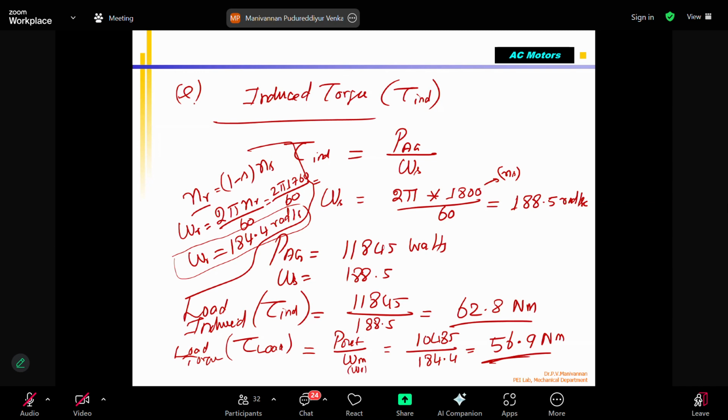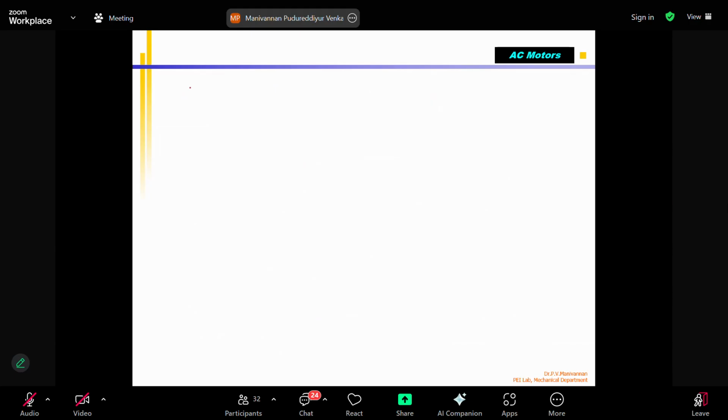Yes, sir. Okay. So the last part I asked is efficiency, efficiency of motor. Because why we are discussing more about this induction motor, correct? It is widely used in electric vehicle. One is permanent magnet synchronous motor, PMSM.